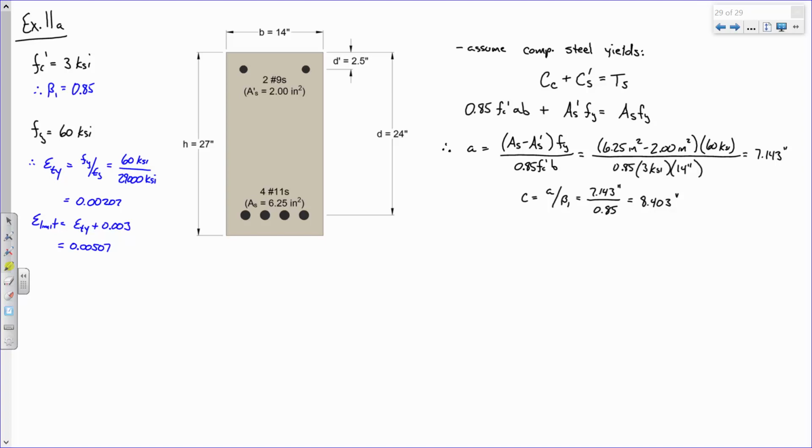Okay. Now, in order to determine whether or not the compression steel yields, it all hinges on the strain in the compression layer of steel. So let's compute this.